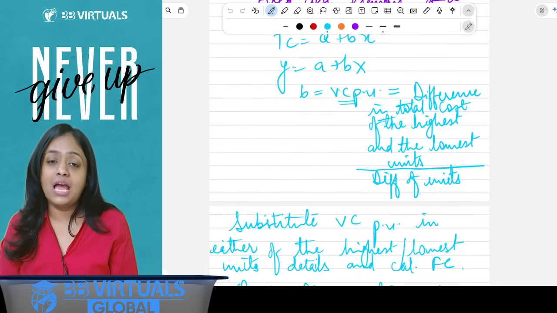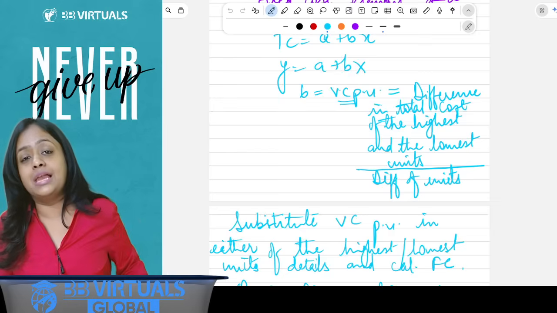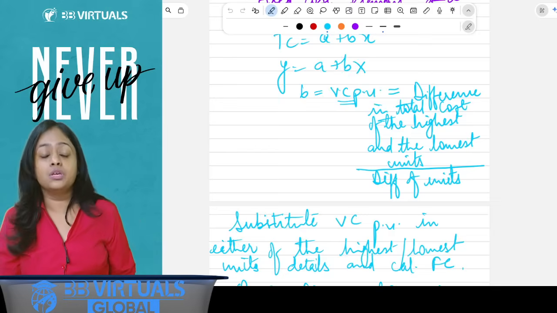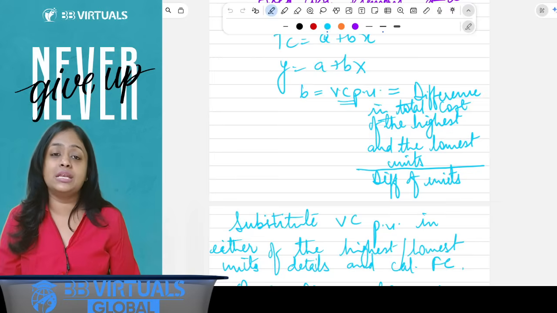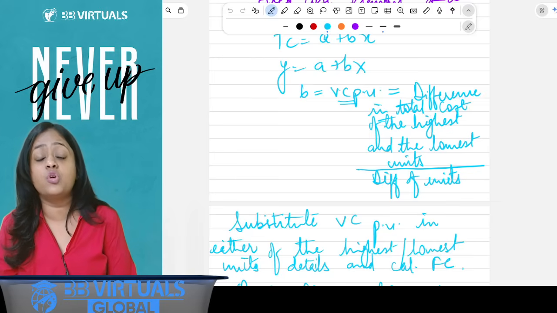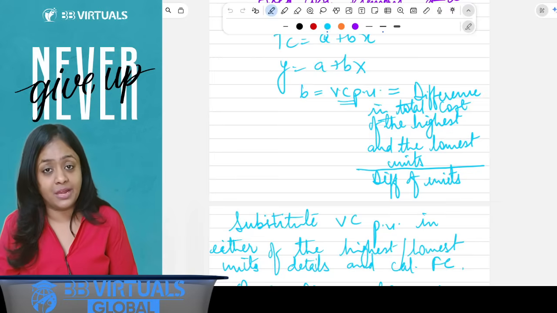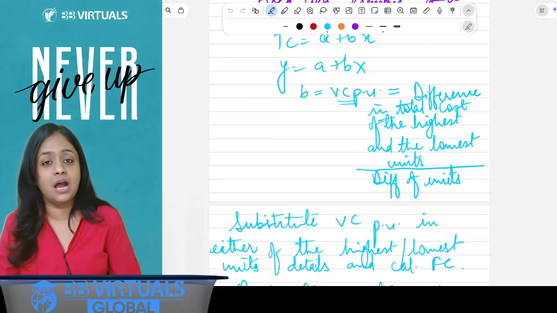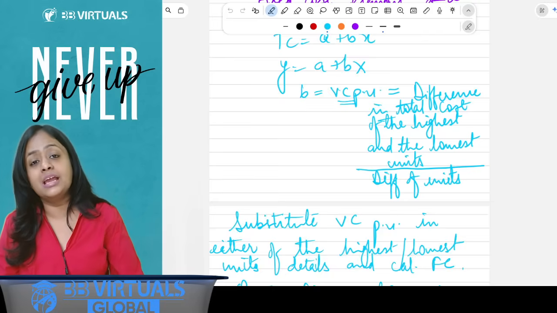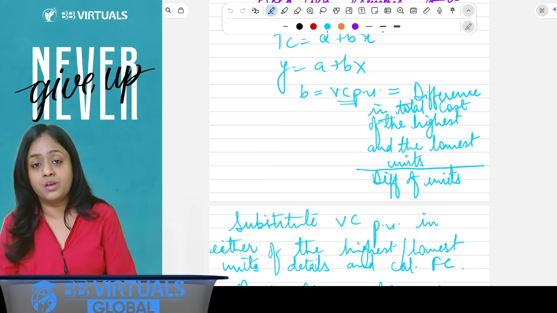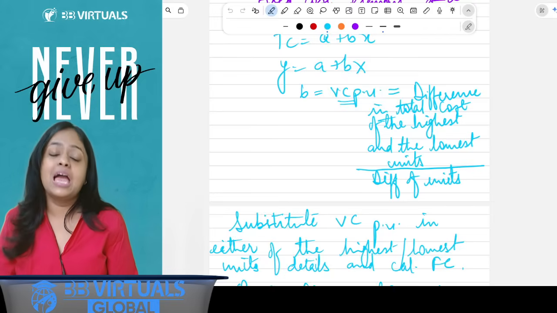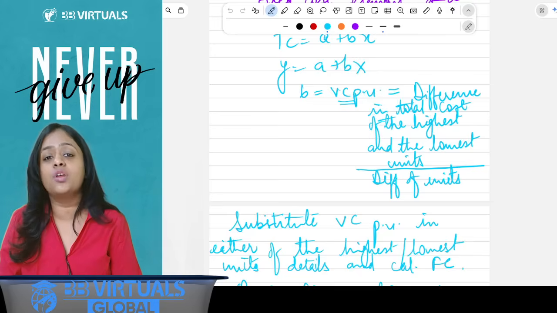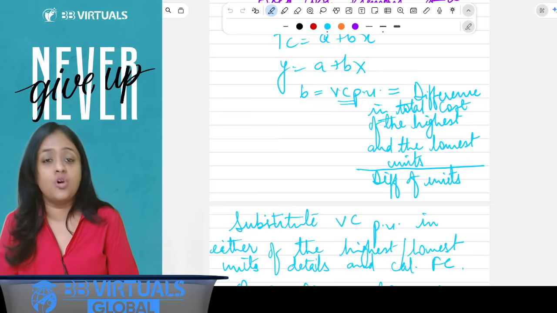So always in the high-low method, the first step is to calculate the variable cost per unit. In the data which is given to you, please focus on the quantities and not the dollar value. While we are on the quantities, which can be units, which can be hours, anything, take the highest quantity and get the parallel cost for it, and likewise take the lowest quantity of that data and get the parallel cost for it.